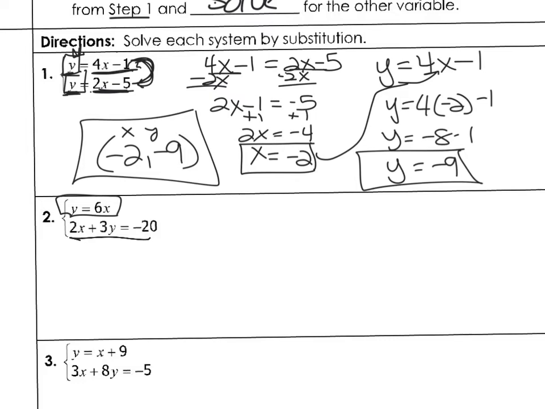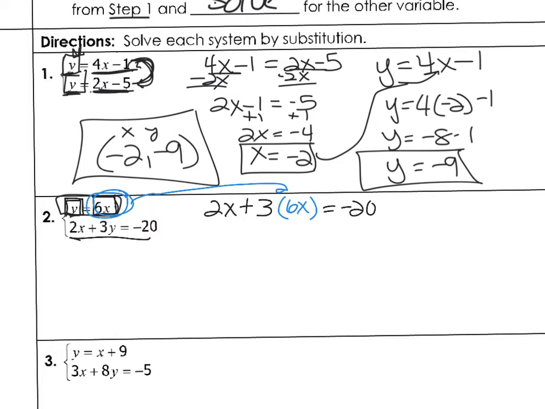Since this says that y is 6x, I'm going to substitute 6x for y because they said y is that. Instead of y, I'm going to put 6x there. So I took this 6x and replaced y.